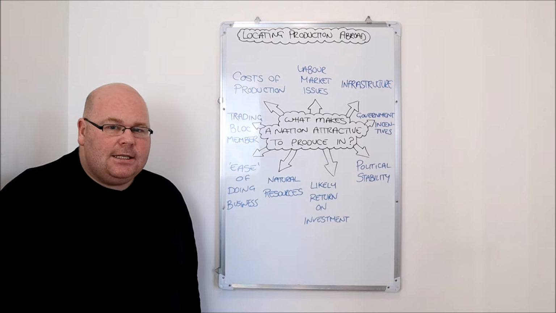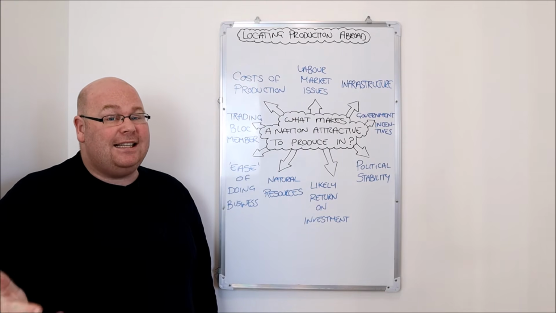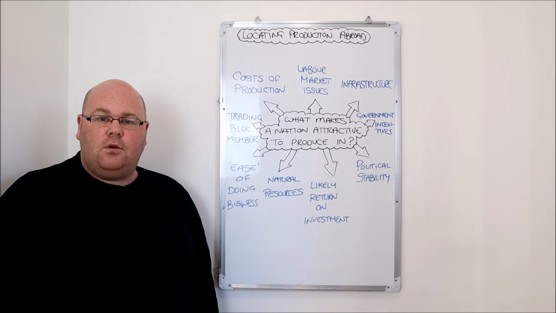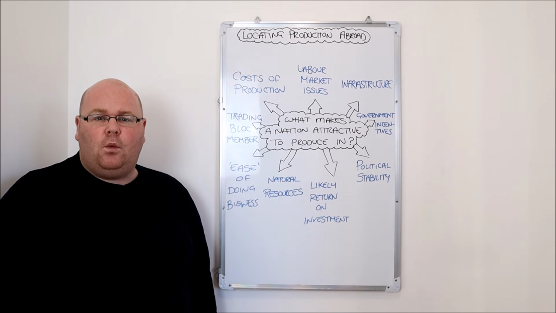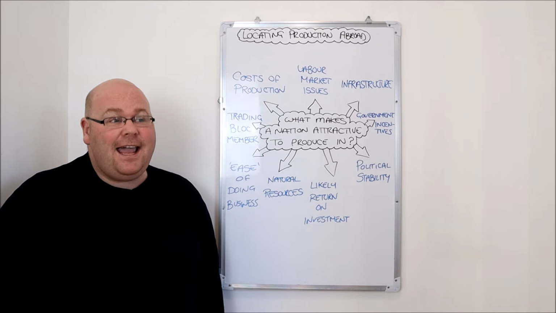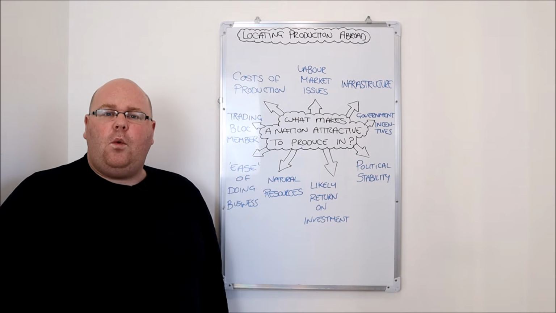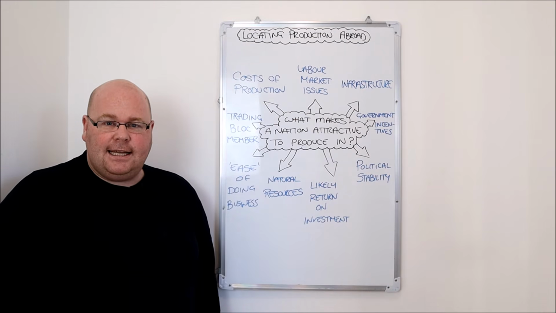The ease of business is also important as well. It was important when we looked at where businesses might want to go and sell in. It's equally as important when looking at which countries or economies a business might want to produce in. They want to base their production facilities, they want to invest in production facilities where the ease of doing business is the greatest.